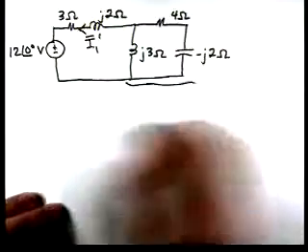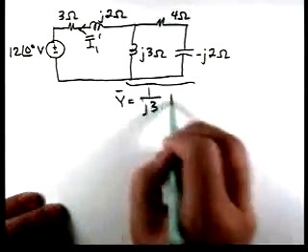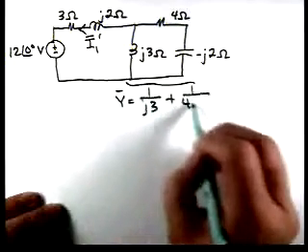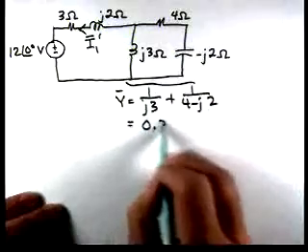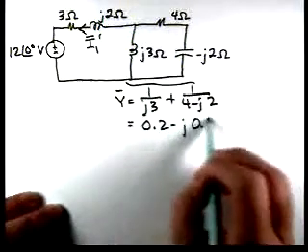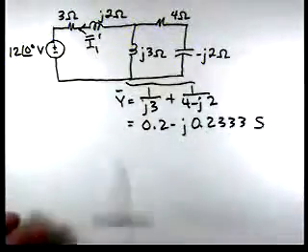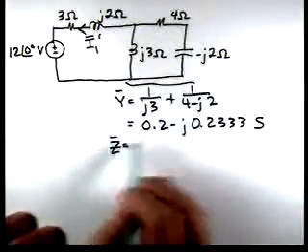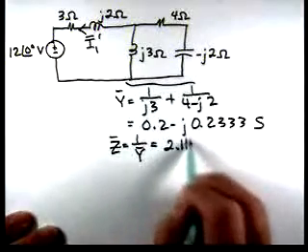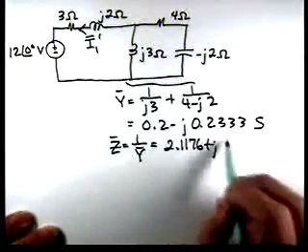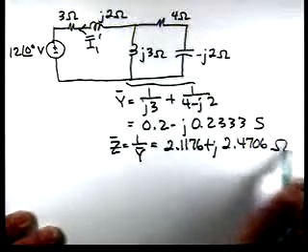Y here is 1 over j3 plus 1 over 4 minus j2, which is 0.2 minus j0.2333 Siemens. Let's convert that to an impedance. Here's 1 over Y, which is 2.1176 plus j2.4706.